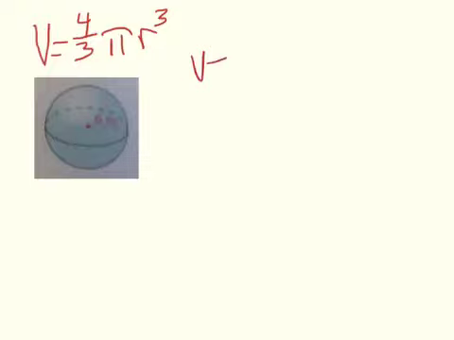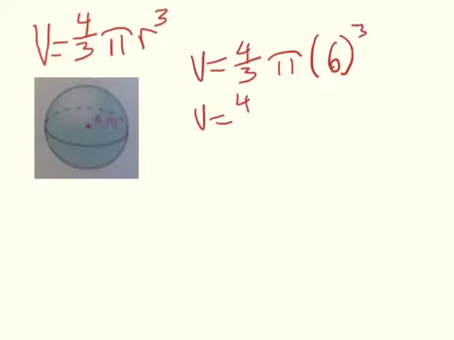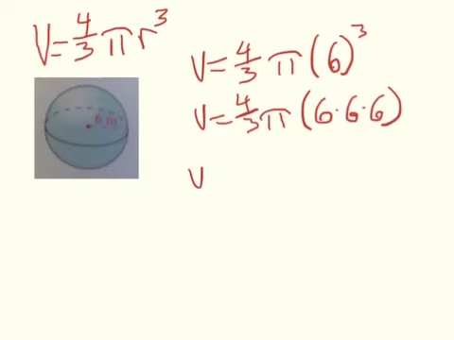So volume would be equal to 4/3 times pi times 6 cubed. Just in case you're not sure, that would be 4/3 times pi, and technically it'd be 6 times 6 times 6. So for this one, 6 cubed is 216, so the volume would be equal to 4/3 times pi times 216.